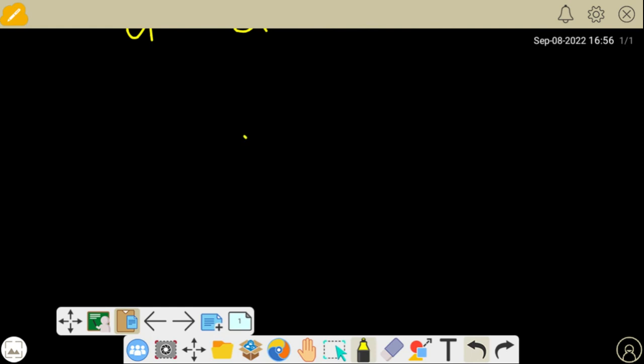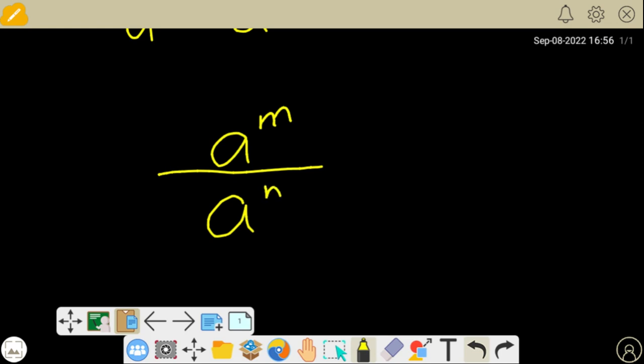If we have the same base a raised to some exponent, let's say m, divided by a raised to some exponent n, since we have the same base a, all we have to do is to subtract the exponent of the denominator from the numerator. So here it is, a raised to m minus n.